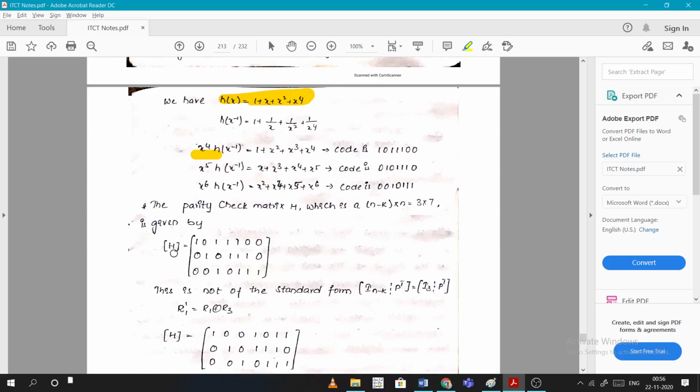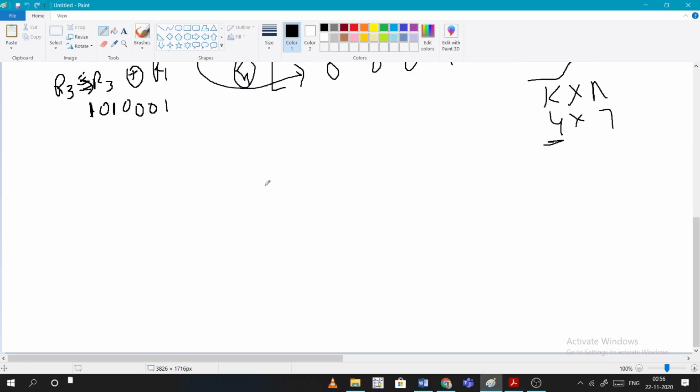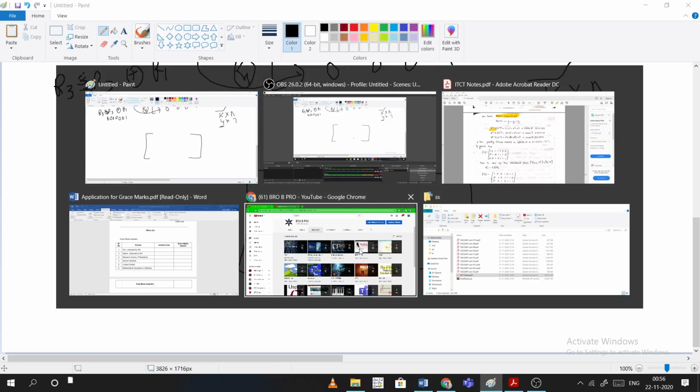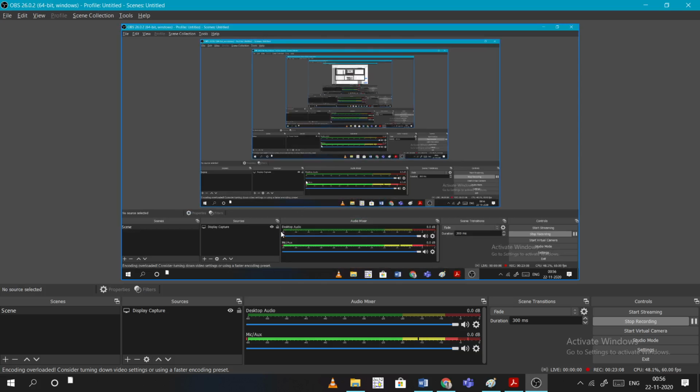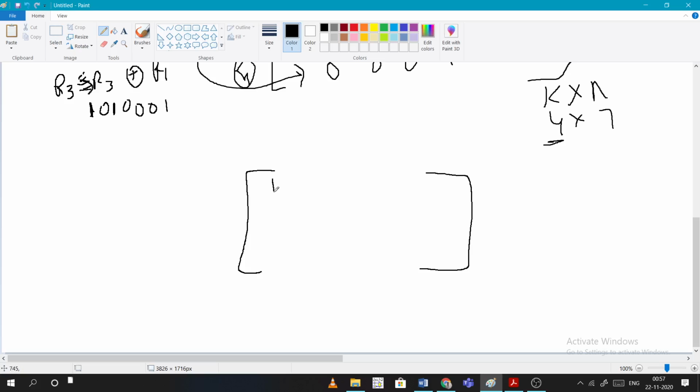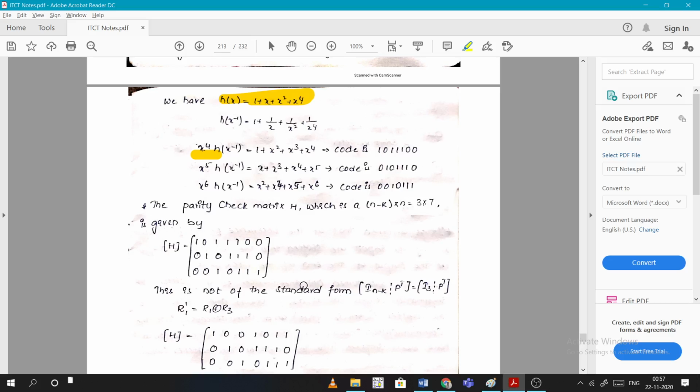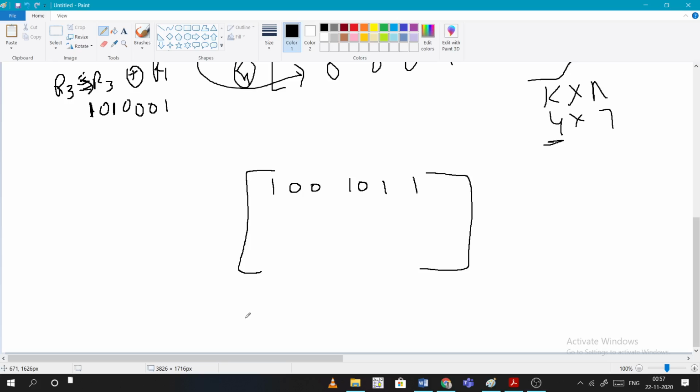Next, in the same way as the generator matrix, what is the first row? 1 0 0 1 0 1 1. Now in the same way, cyclically rotate: 1 1 0 0 1 0 1.